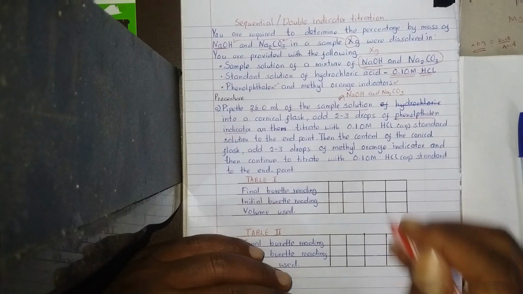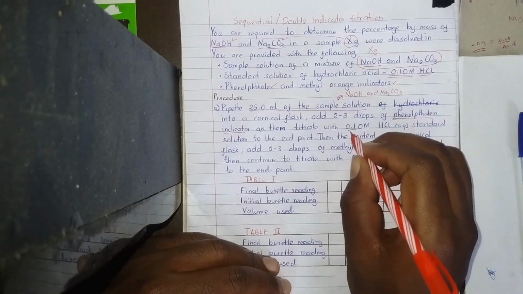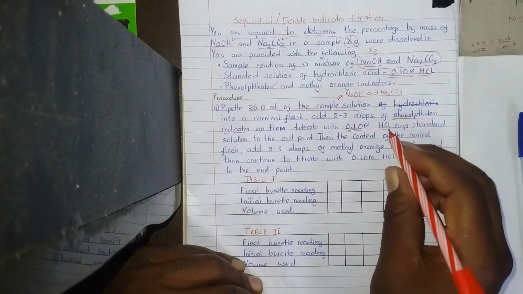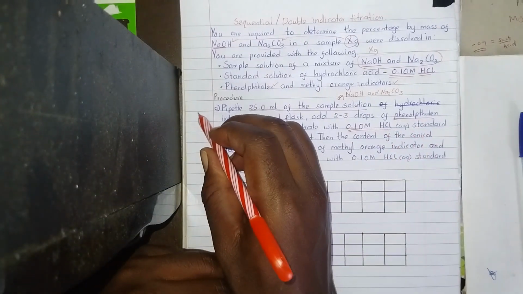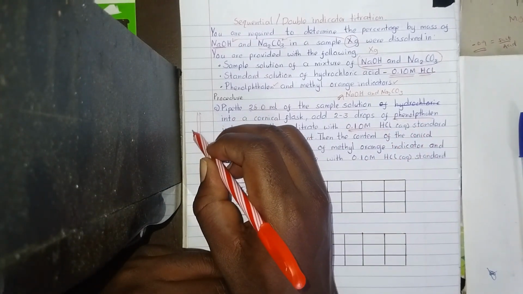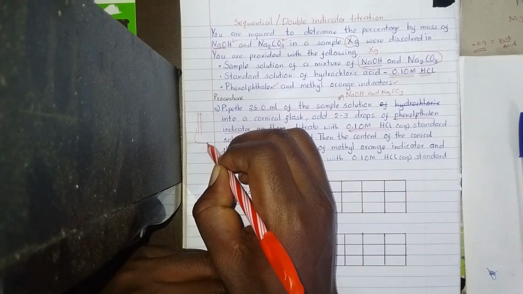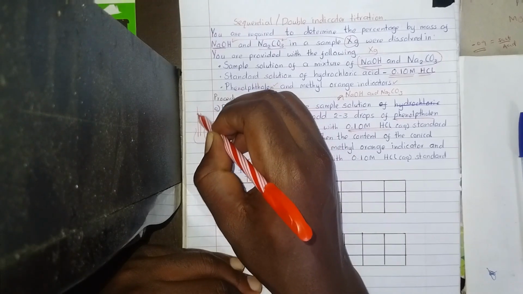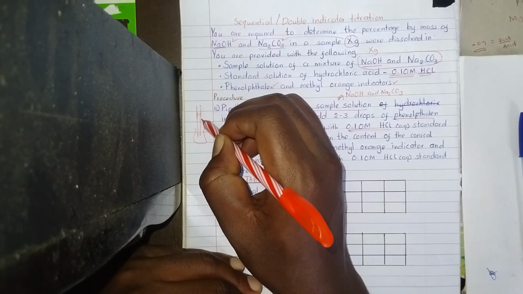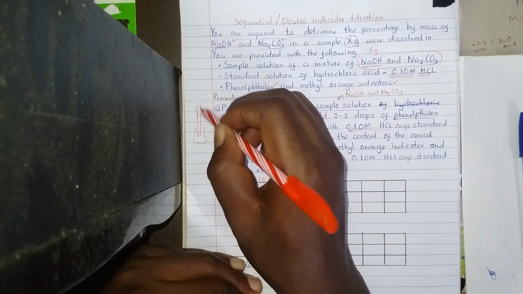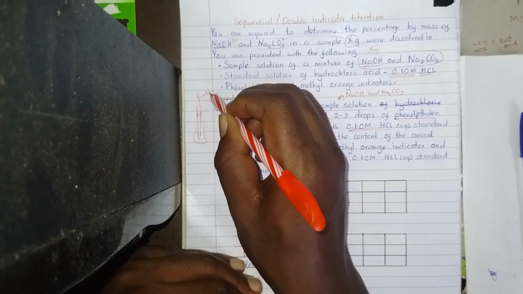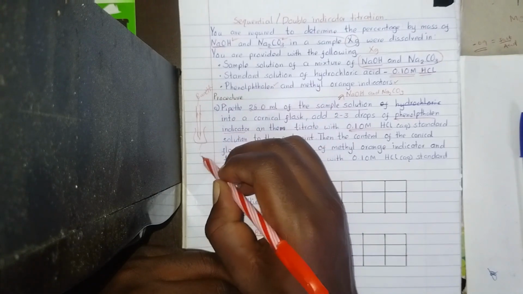Then titrate with the 0.10 molar HCl, that is going to be in the burette. Let me try to draw it. I'm not a good drawer, but at least you can understand what I mean. So this is the burette, and then this one is the conical flask.